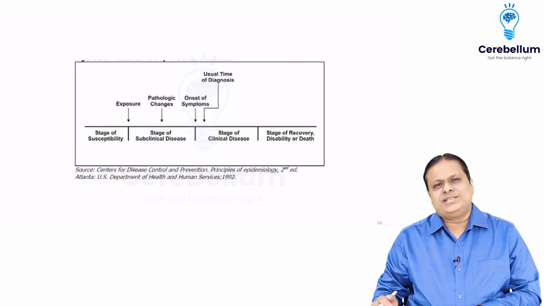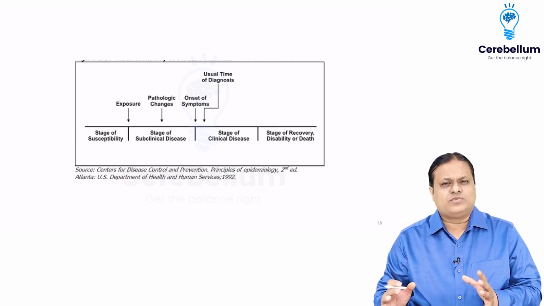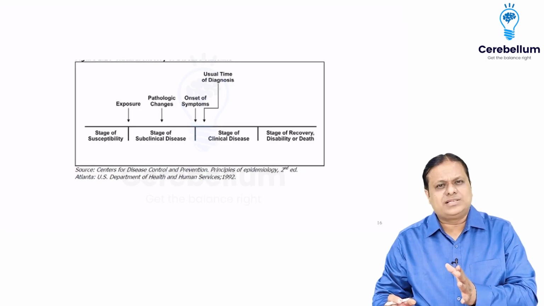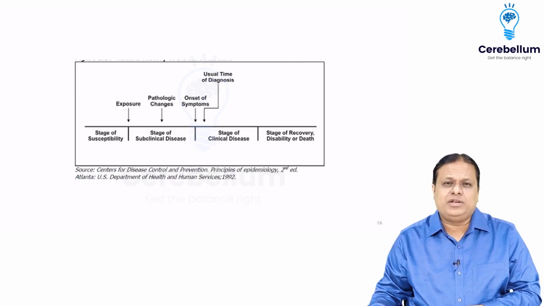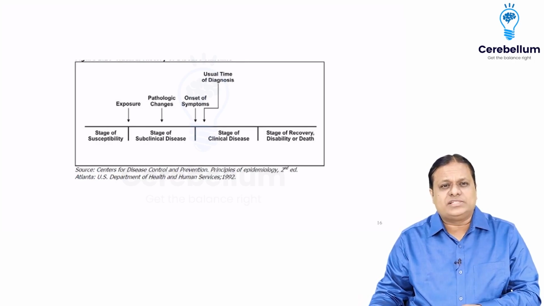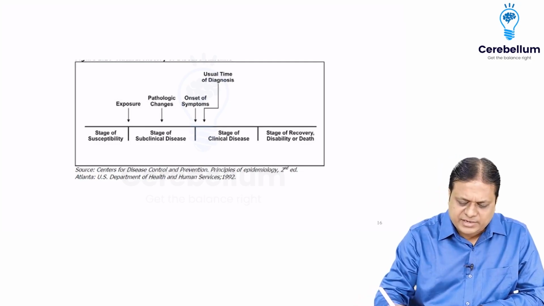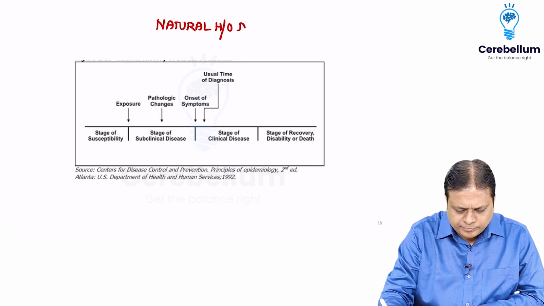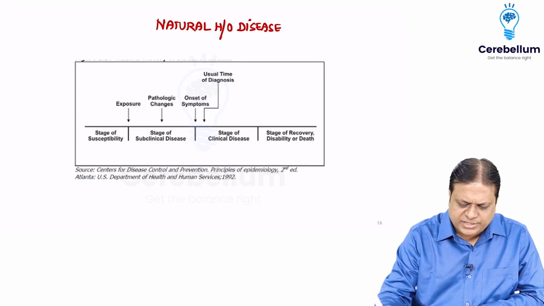What is this known as? If you look carefully, friends, what is being shown here? Stage of susceptibility, subclinical disease, clinical disease, finally recovery, disability or death. So this is showing progression of a disease without any intervention. This is known as, very right, natural history of disease. Now study this diagram slightly carefully, friends.